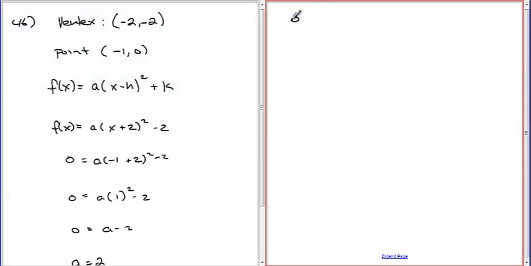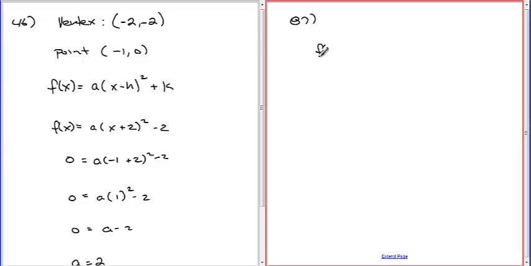Okay, 87. So these are word problems. It says the number of horsepower y required to overcome wind drag on an automobile is approximately equal to y equals 0.002 s squared.